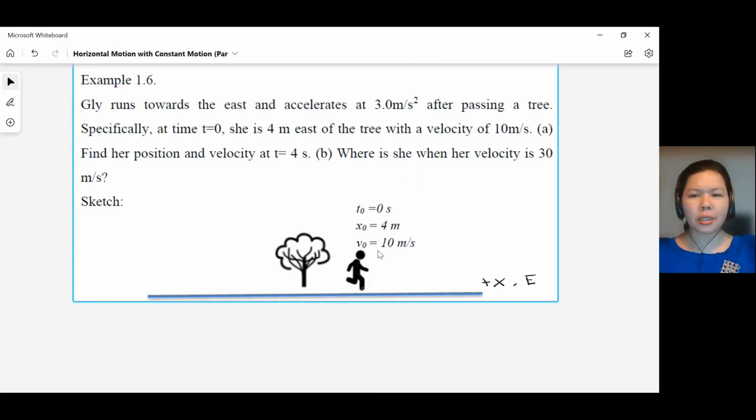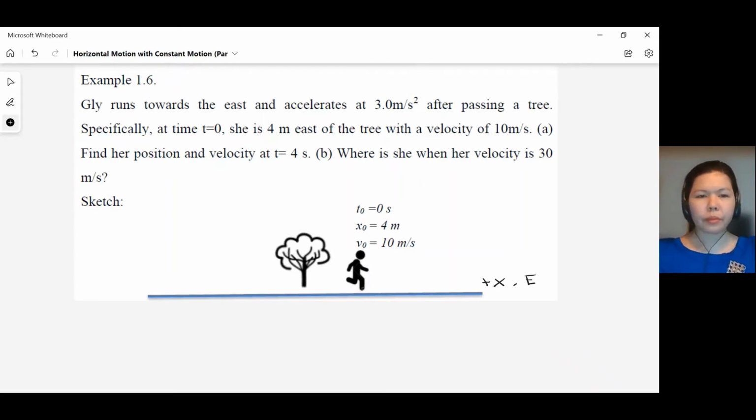And V initial is 10 meters per second. We first solve our letter A. So for letter A, we find the position and velocity at t equals 4 seconds.